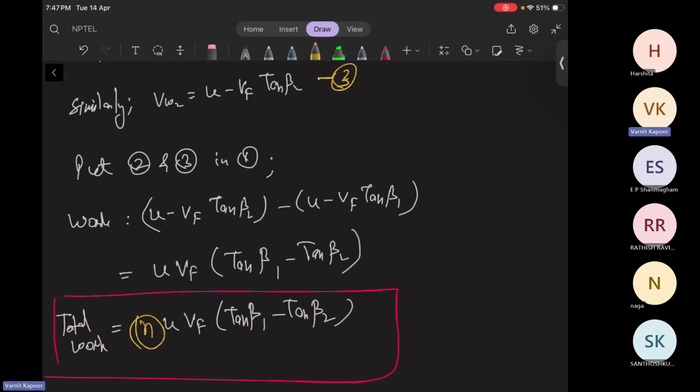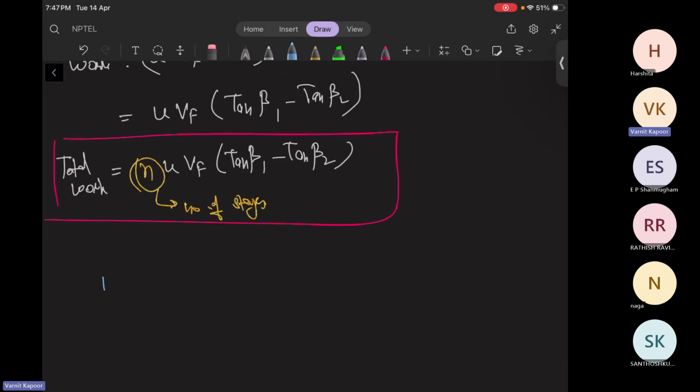This n is your number of stages. Okay, number of stages. So again, you can put this expression in degree of reaction RD. That was nothing but VR1 square minus VR2 square, over 2 times U times (VW2 minus VW1).